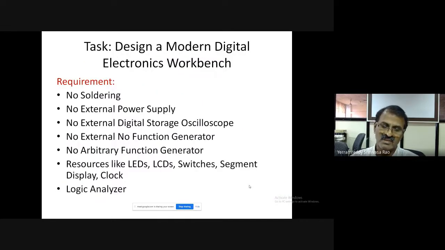So today we started with what is called a platform for design of analog or digital electronics, like Madam was talking about wireless communication devices, Internet of Things, and embedded systems. And the requirements, I think we have elaborated in the video: we want to get rid of the expensive things, because students should be able to use it.